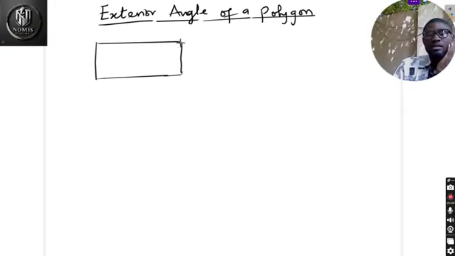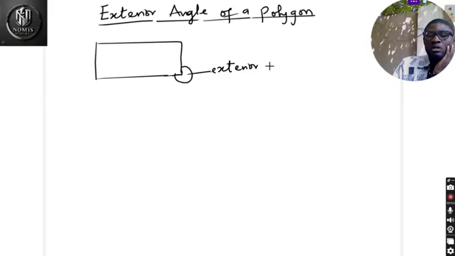So this is one side, this is the adjacent side. The angle formed by one side and the extension of the adjacent side, outside the polygon, is what we mean by exterior angle. So the angle formed at this point is the exterior angle.